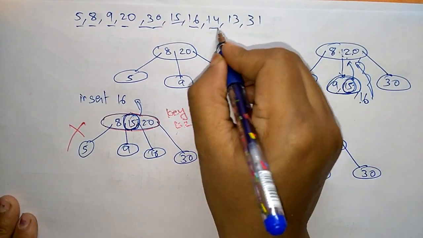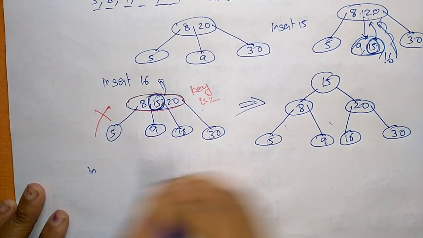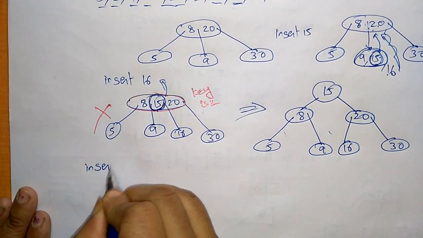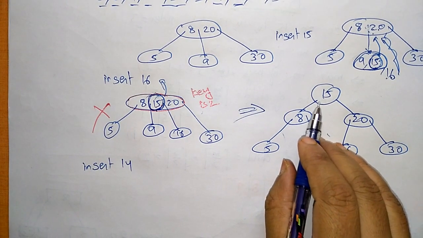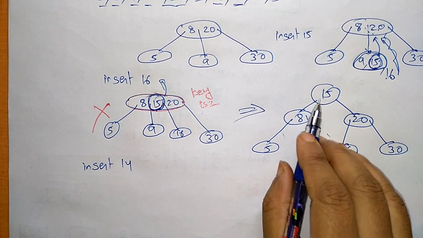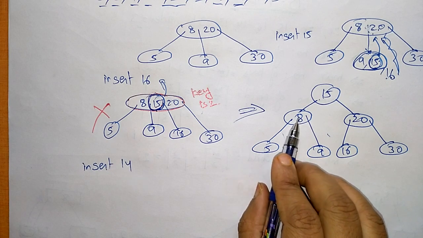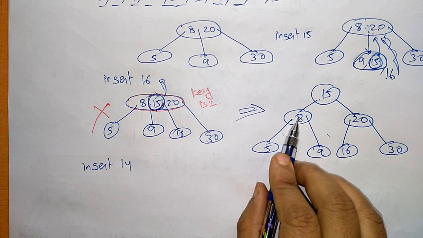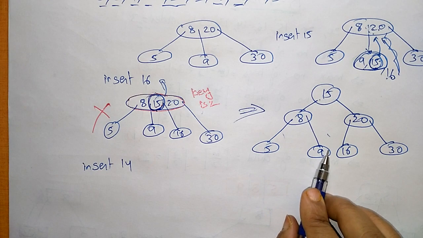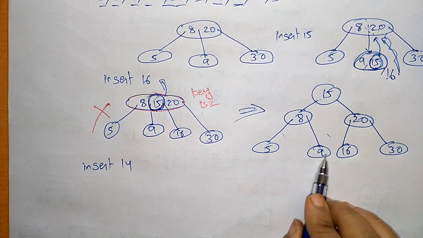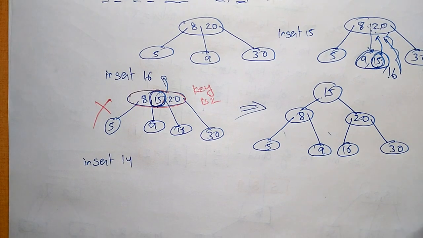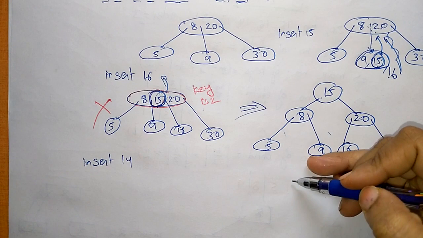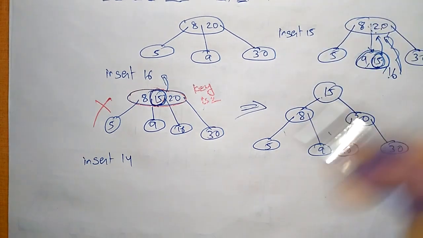Next insert 14. 14 is less than 15, so come here. But 14 is greater than 8, so come to here. You can occupy this leaf node, because you always insert in the leaf nodes first, after that you go to the root nodes.